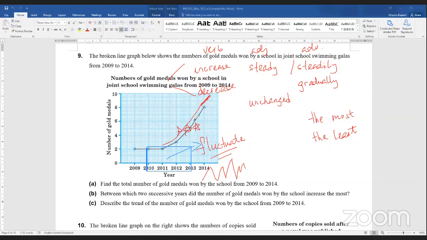Okay, the trend is increasing. Fluctuate means this one. Okay, going up and down, up and down, up and down like that. And then you can never tell what's next. Okay, but for this one, if you look at this exercise again, if you look at this part, then you may think that it should go up.